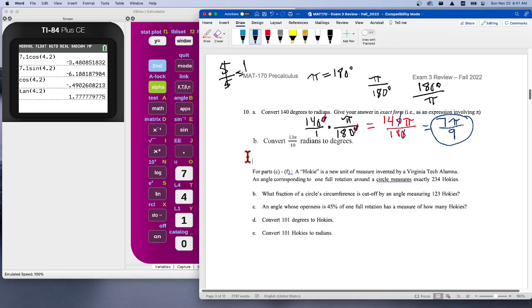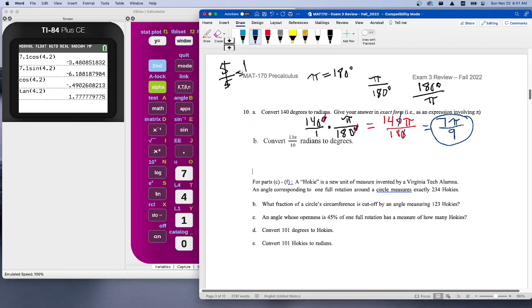When we want to convert from radians to degrees, we take the same approach. We take our radian measurement, 13 pi over 10. We need to multiply by one of the factors that has the radians in the denominator, so we're going to use 180 degrees over pi.